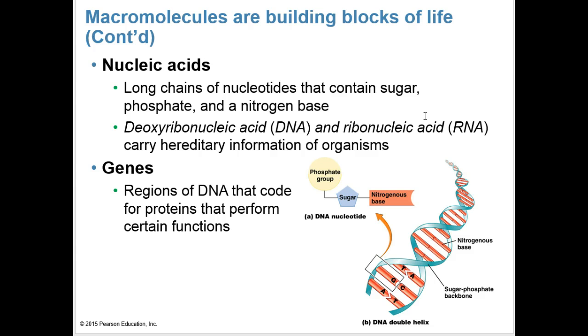Those are the 4 different nitrogen bases that are in DNA. RNA, or ribonucleic acid, is also a nucleic acid and therefore a polymer. DNA, though, is double-stranded, and RNA is only single-stranded. Genes are regions of DNA that code for proteins and perform certain functions.